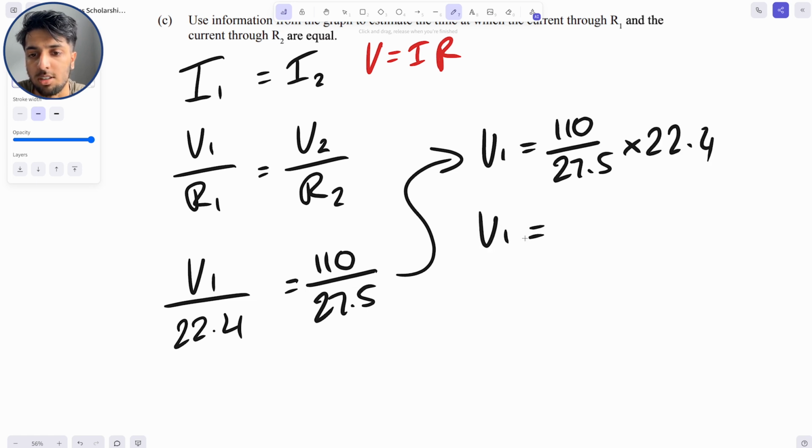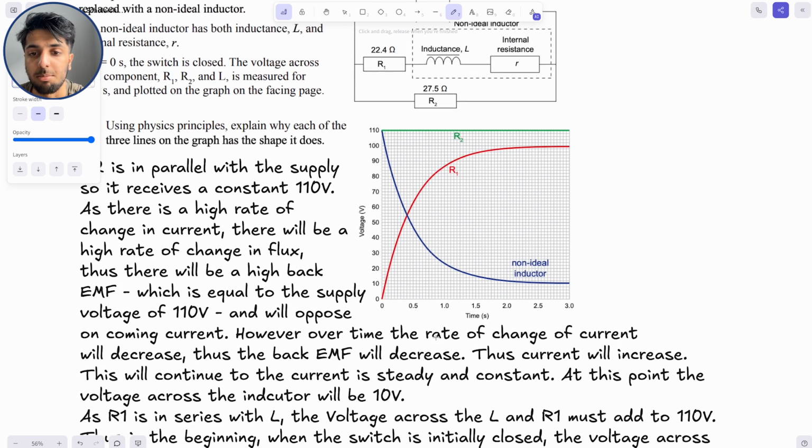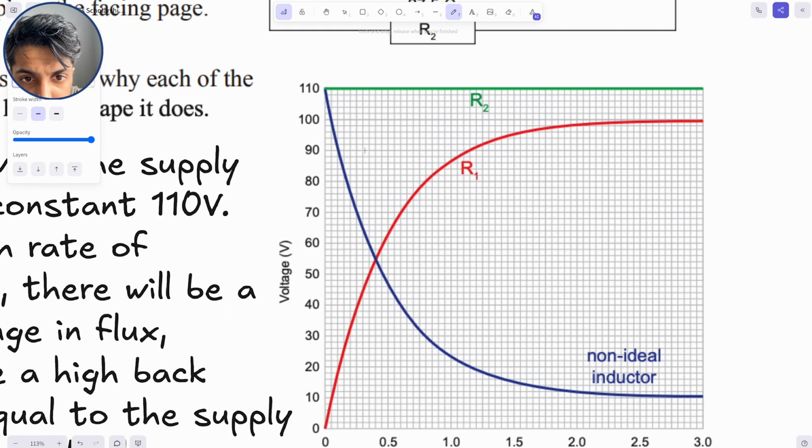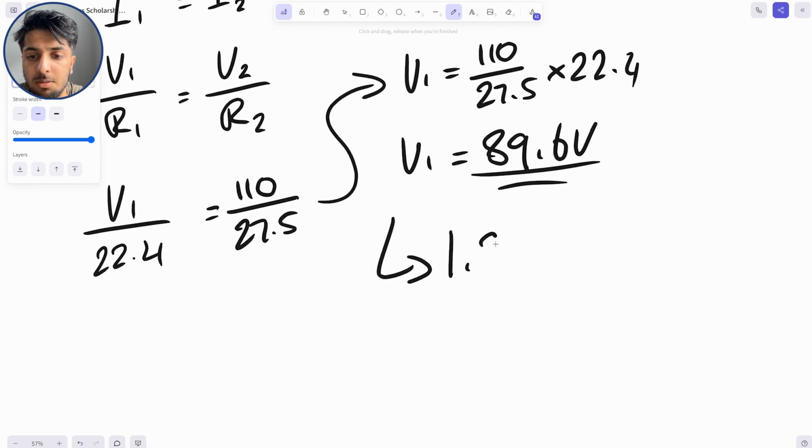And so our V1 is equal to 89.6 volts. So when V1 is equal to 89.6 volts, that is when the current through R1 is equal to that through R2, and we can see this time by looking at our graph. 89.6, which is somewhere here, we can come directly down, and that's around 1.2 seconds.